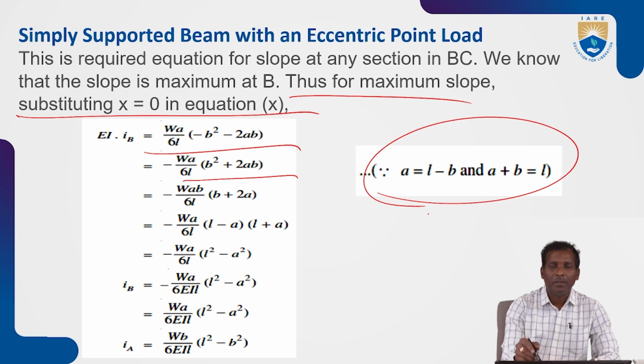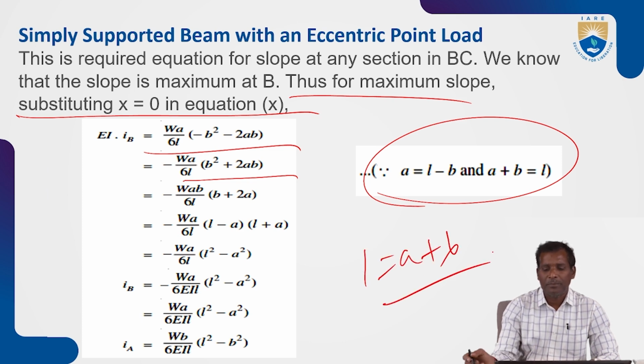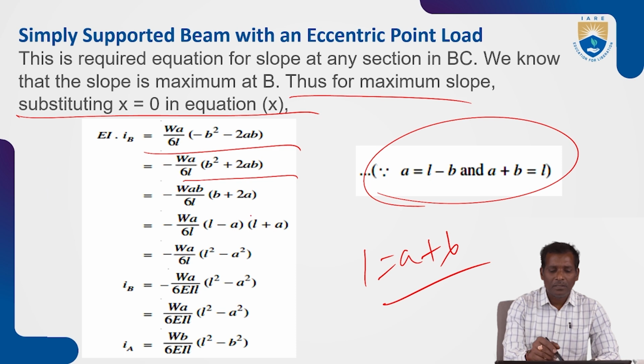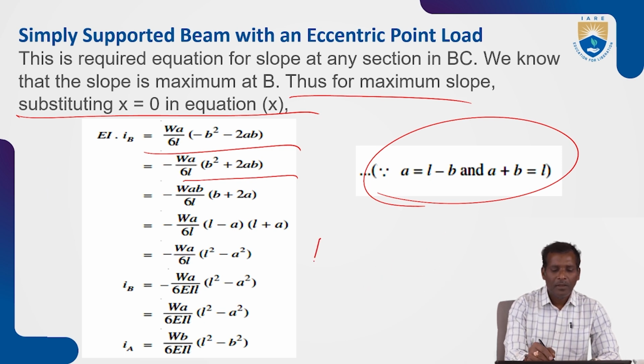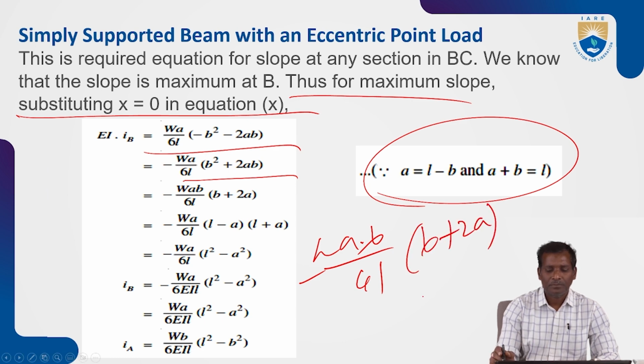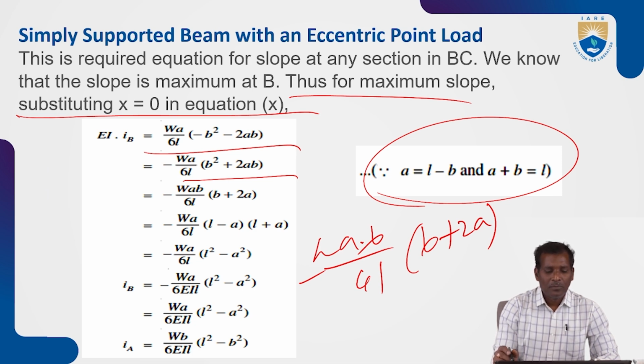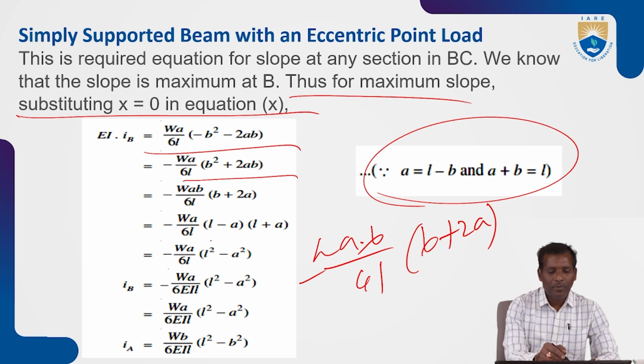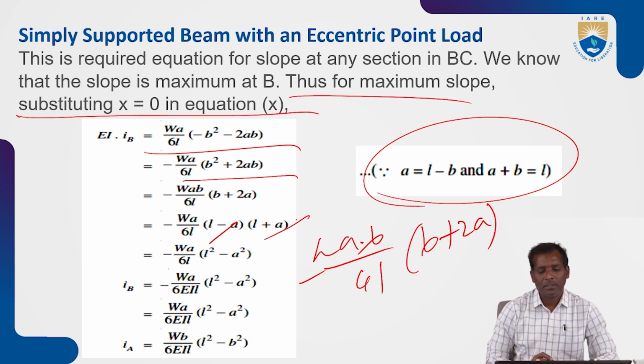We know that a is equal to L minus b. Why? Because L is equal to a plus b. And substitute in this b square plus 2ab, Wa by, so take common b outside here, Wa into b by 6L, so b plus 2a. Clear? So substitute in place of a minus b here, W by 6L into b, L minus a into L plus a.